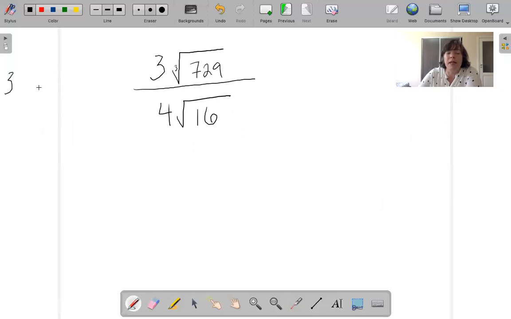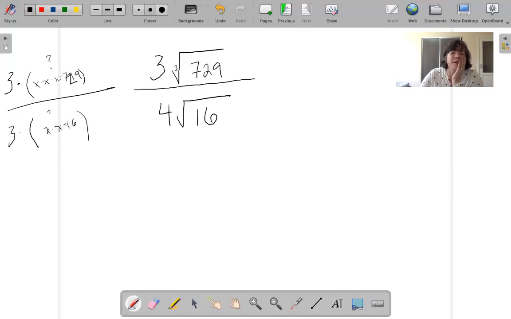This is 3 times whatever x times x times x equals 729, over 4 times, there's no 3 here, so this is just the square root. x times x equals 16. Solve for x.